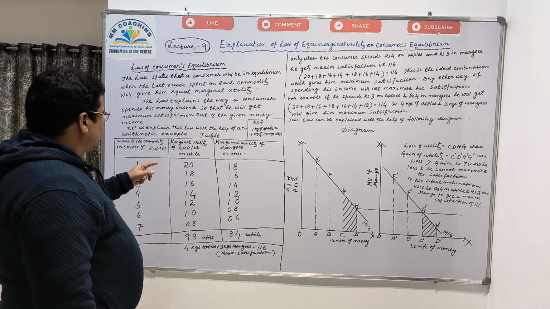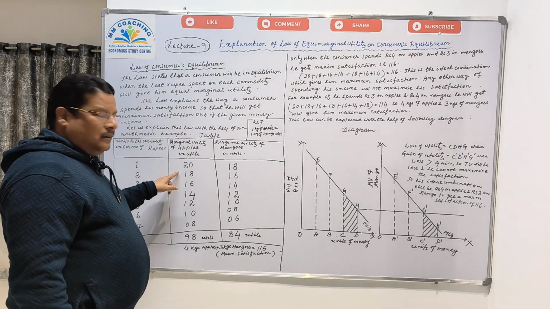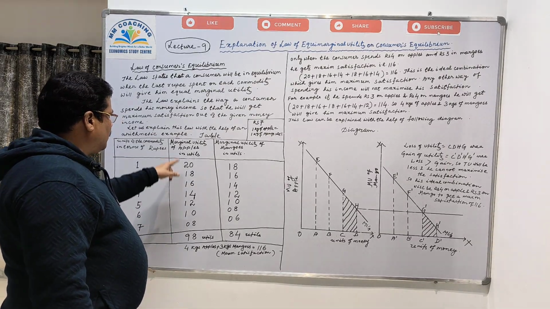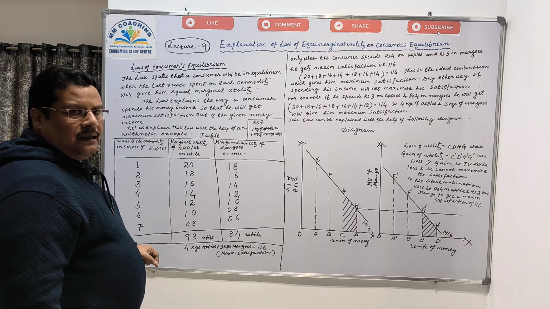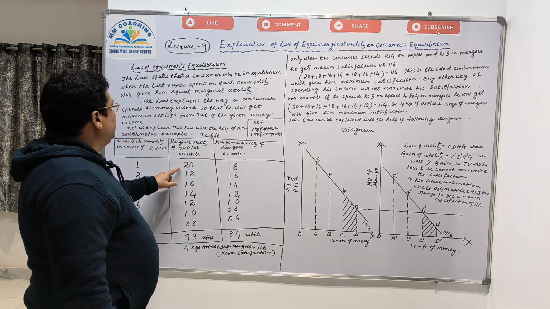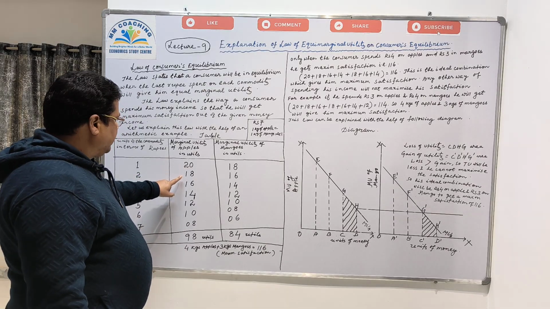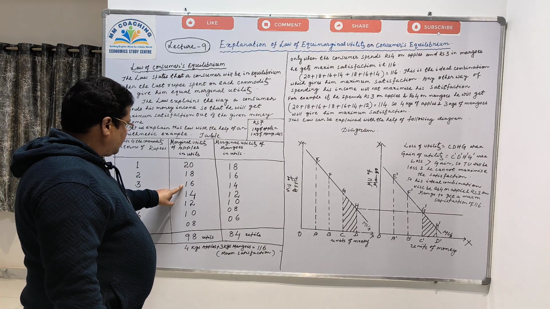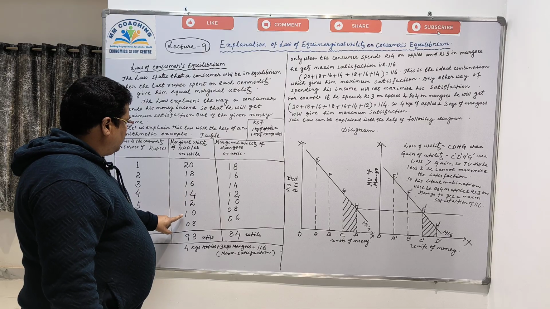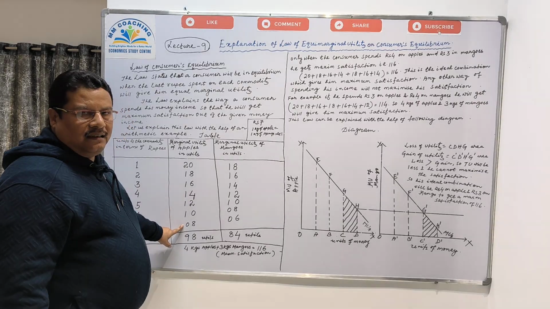So if he spends all the 7 rupees on apples, marginal utility begins from 20, then decreases to 18, 16, 14, 12, 10 and 8.